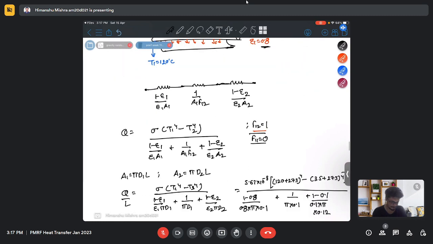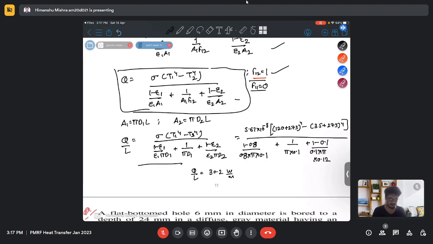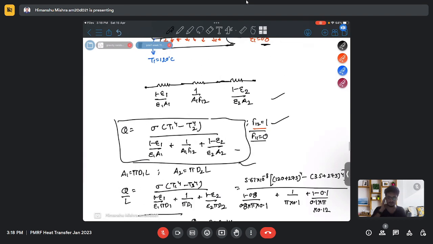So we use the concept of resistance to define the expression for total heat transfer, and by inspection we found that the shape factor will be 1. That means all the radiation coming from surface 1 will land on surface 2, and then we just plug the values into the heat transfer expression to find the heat transfer per unit length. Any doubt in this question?